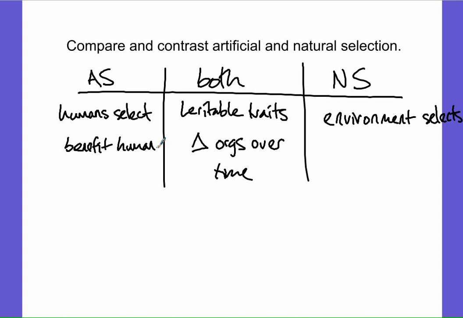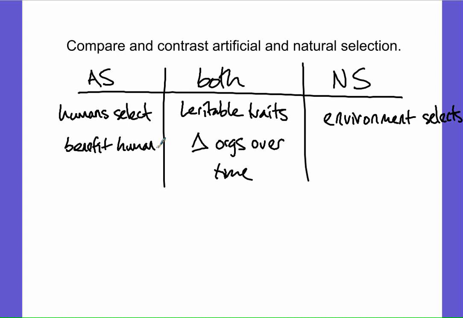Because what we're doing is selecting something that helps us, but it doesn't necessarily help that organism. Or because there's not very much variation in that breed over time, it can actually hurt them at some point. So when you have a lab that has hip issues, that's a very common thing for labs at this point because of the breeding over time.